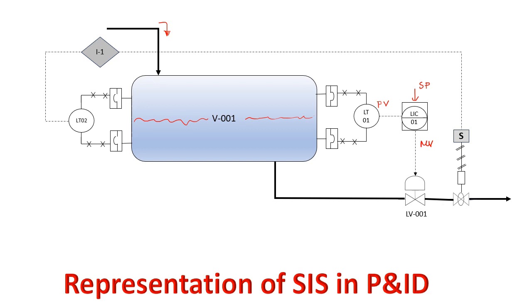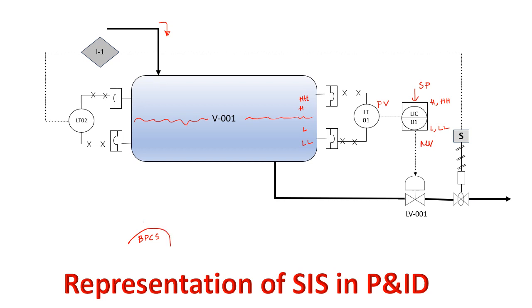In that case, the level goes higher, and there are alarms: high alarms, low alarms, and the operator can see these alarms here, L, H, H. So the first layer of protection is your BPCS, your basic process control system.